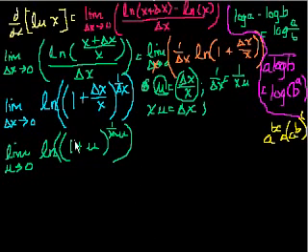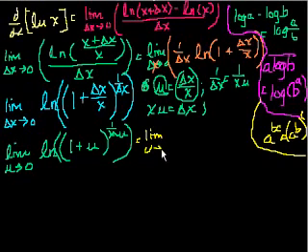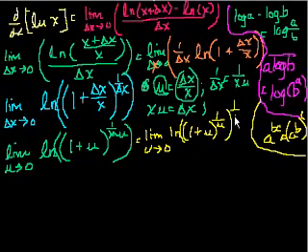So that tells us that this is equal to the limit as u approaches 0 of the natural log of 1 plus u to the 1 over u, because this is 1 over xu, and then all of that to the 1 over x. And how did I do that? Just from this exponent property. If I were to simplify this, I would have 1 over x times 1 over u, and that's where I get this 1 over xu.